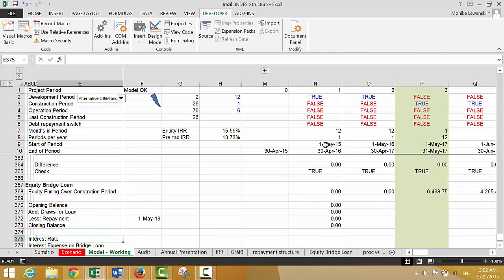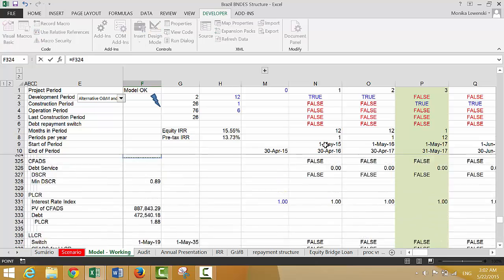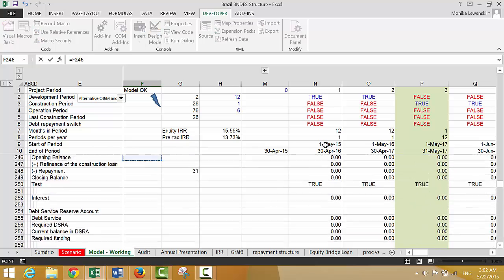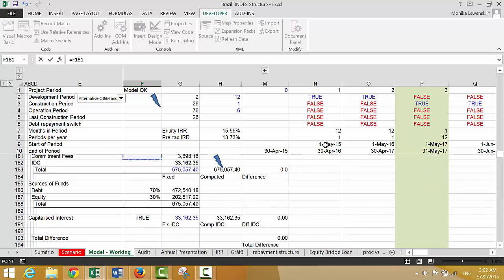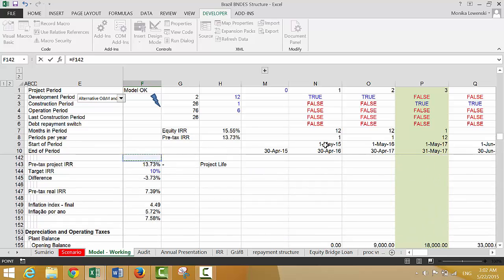Now our interest rate will go up to the top, and get our final assumption.